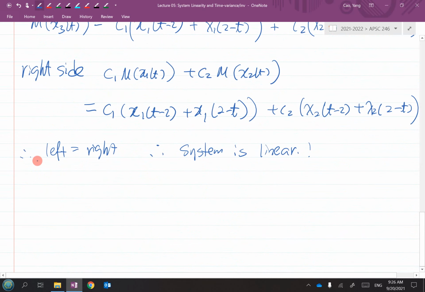Okay, so if there's no question, I wanted to start a new topic. If I have more time, I can probably come back to one more example. But let's start a new topic. And this new topic is the last property regarding systems. Basically, we look at the system, whether it's time invariant or time variant.